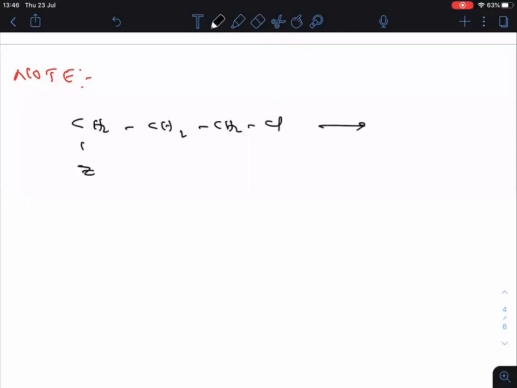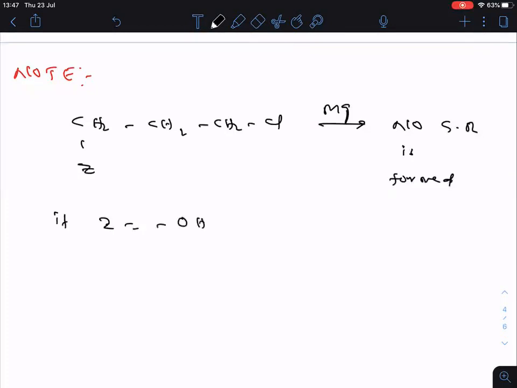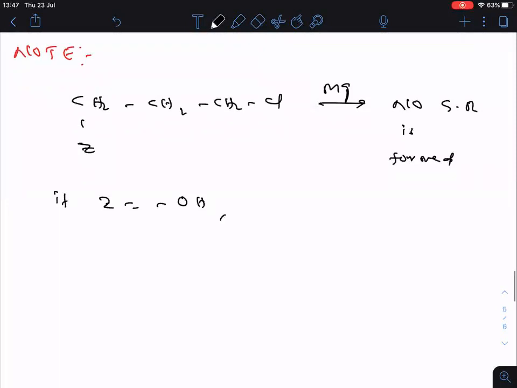When this is treated with magnesium, no Grignard reagent is formed if Z is OH, or else COOH. They are having acidic hydrogens.